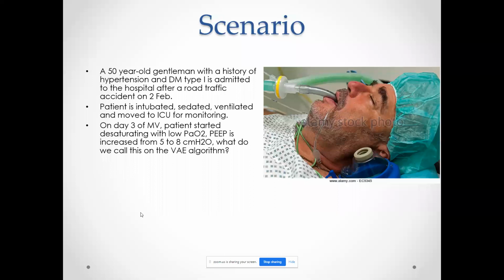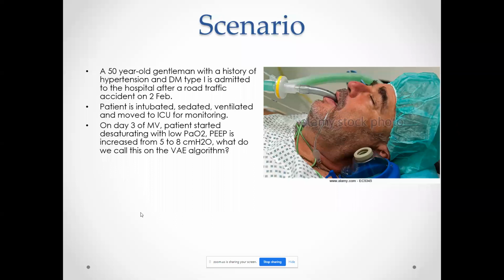الحين let me give you a case scenario. We have a 50 years old gentleman with a history of hypertension and diabetes admitted to the hospital after a road traffic accident on the 2nd of February. في عندكم مريض عمره 50 سنة دخل نتيجة حادث سير إلى قسم الطوارئ بتاريخ 2nd of February 2020 let's say.